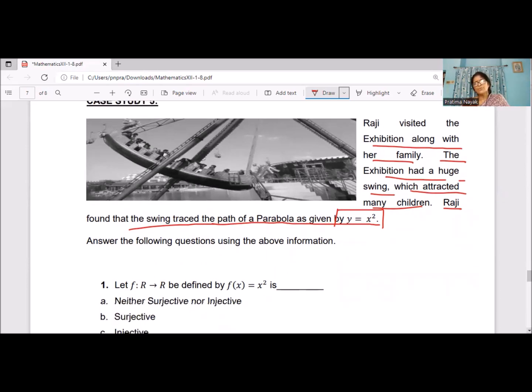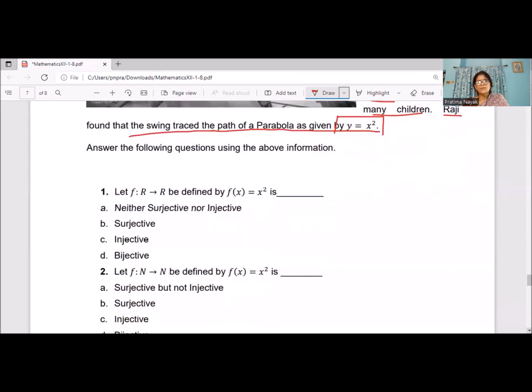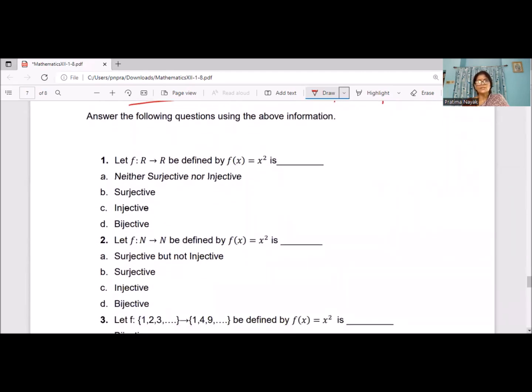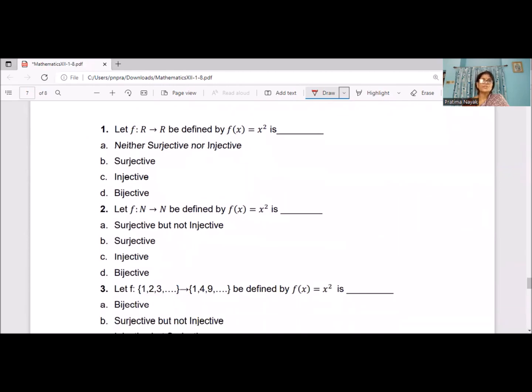The question is about y is equal to x square, a parabola. Now the questions are asked in this way. First question: if the function is defined from R to R, f(x) is equal to x square, is it neither surjective nor injective, surjective, injective, or bijective? So this is a quadratic function.